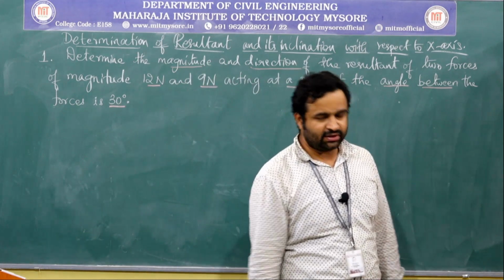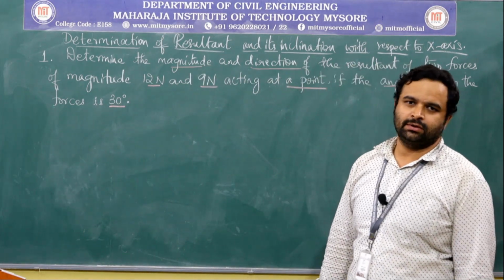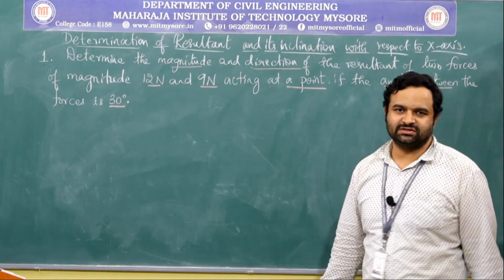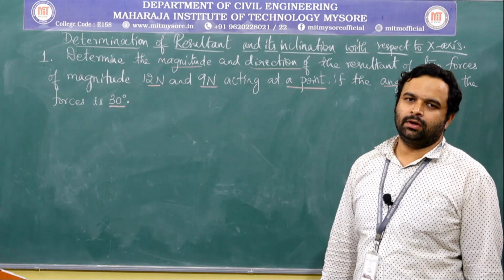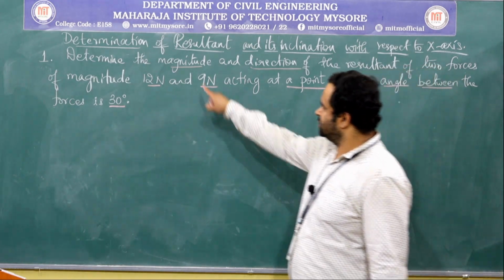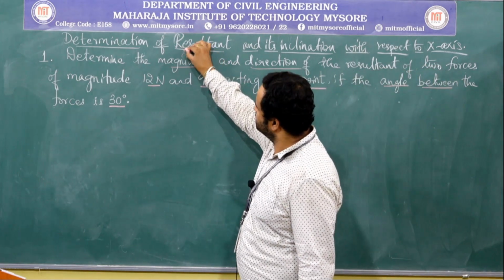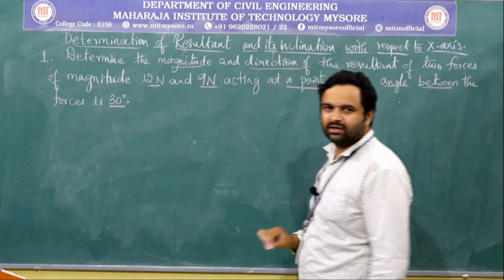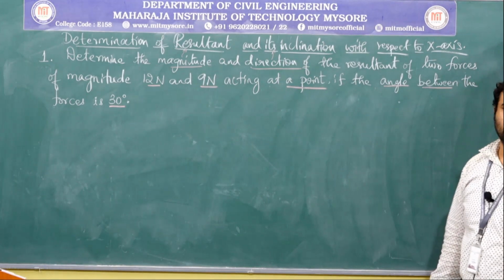So, here they have given you two forces which are acting at a point, and the angle between those two forces is given as 30 degrees. You need to determine its magnitude, which is the resultant, and the direction, which is nothing but its inclination. Okay?